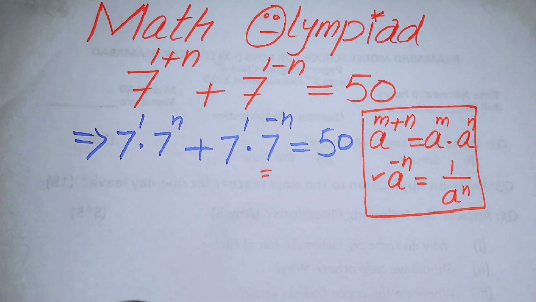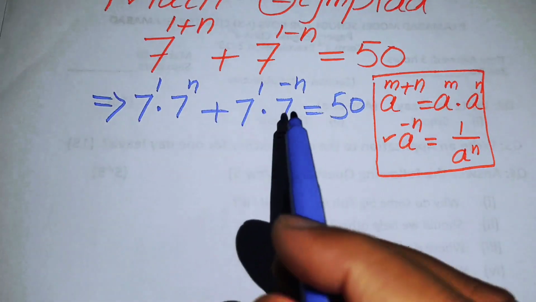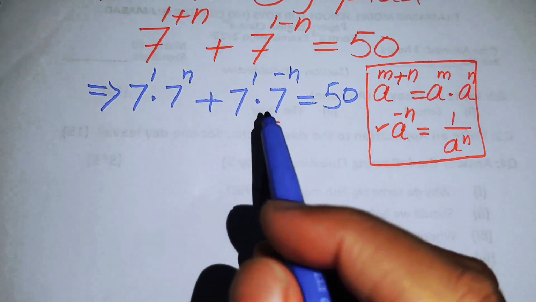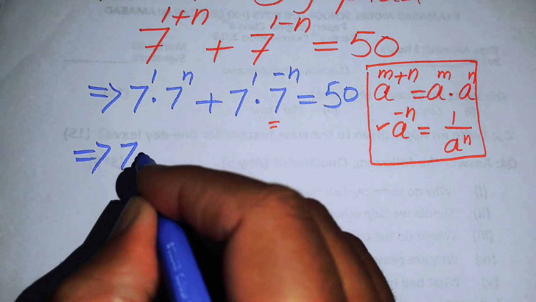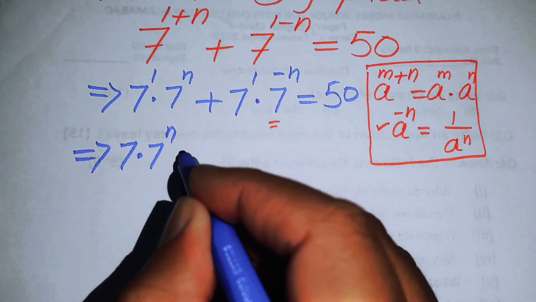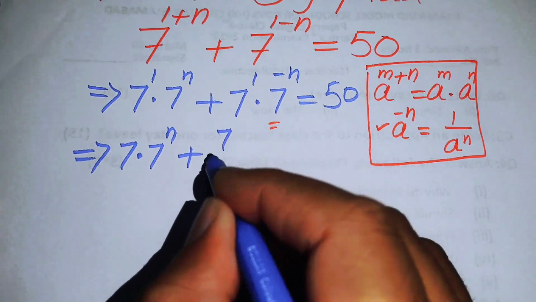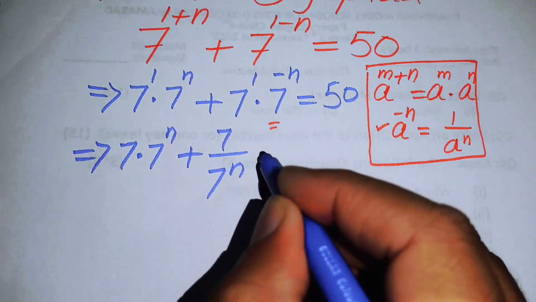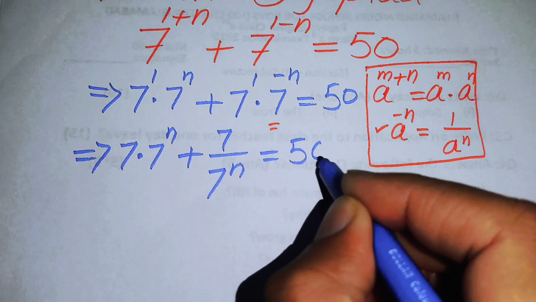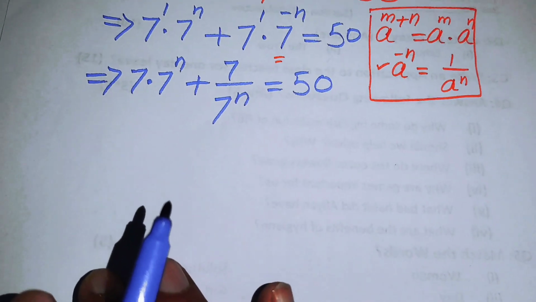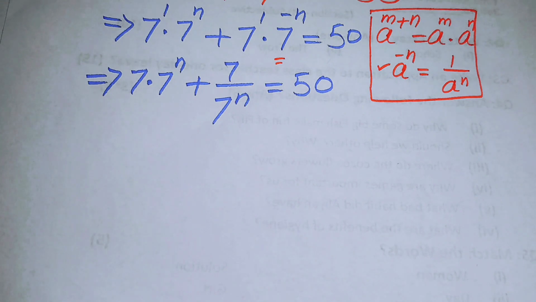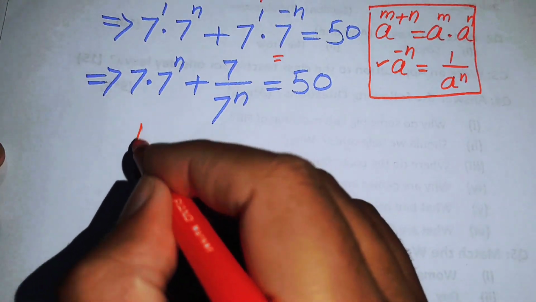After applying this law we will get 7 to the power of minus n in the form of, first, 7 times 7 to the power of n plus 7 over 7 to the power of n equals 50. Now first we will simplify these terms, or I can just take 7 to the power of n equals y.